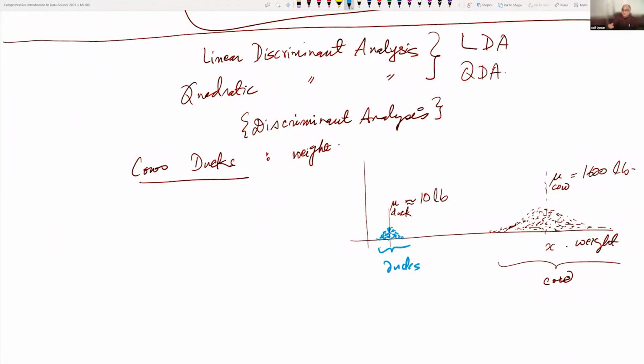So it has a pretty small band of variance, let's say 5 pounds to 15 pounds. Whereas in the case of a cow, the variance of the weight is somewhere from, I will just hazard a guess, 1,000 to 2,000.